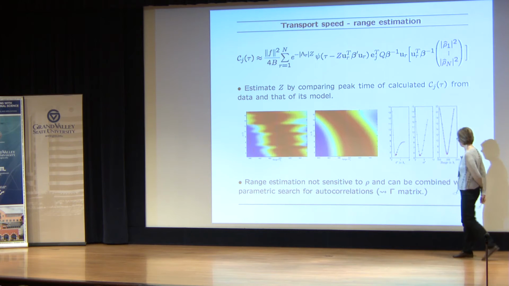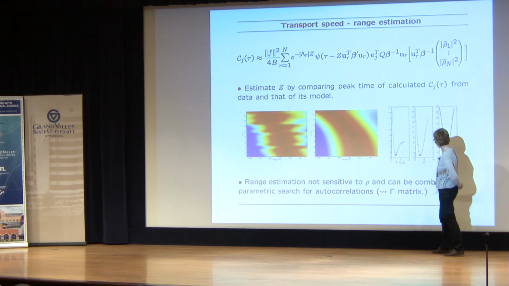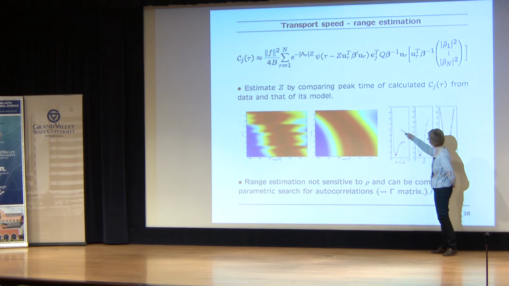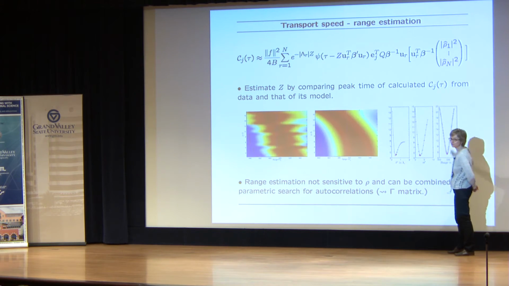So in this particular simulation, I have a simulation with a random medium. So we look for a parametric search of the autocorrelation. We parameterize it in terms of the correlation length and the standard deviation. And we have some optimization, and here is a cross-section through the objective function. You see it's a very nice objective function.